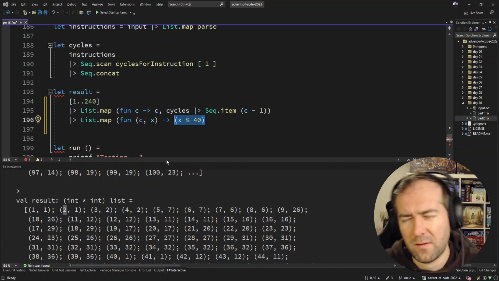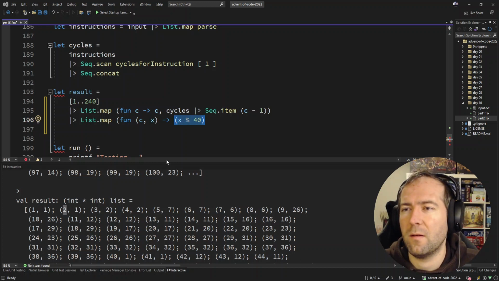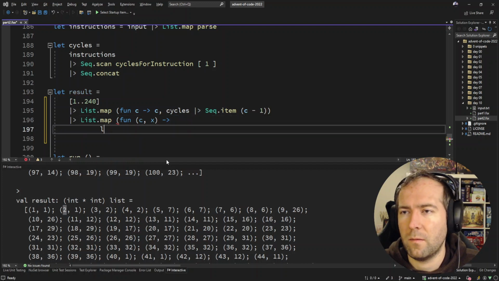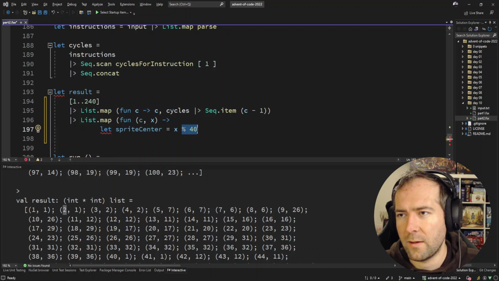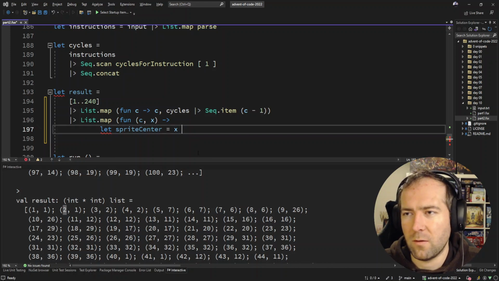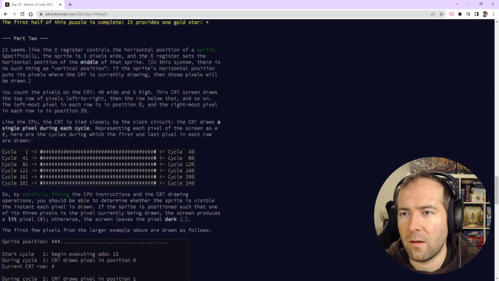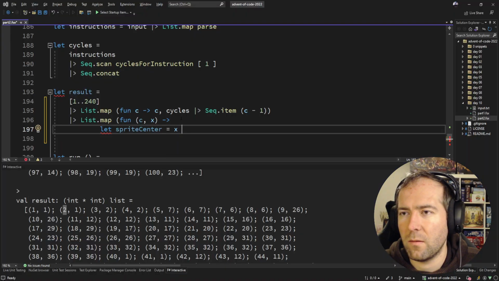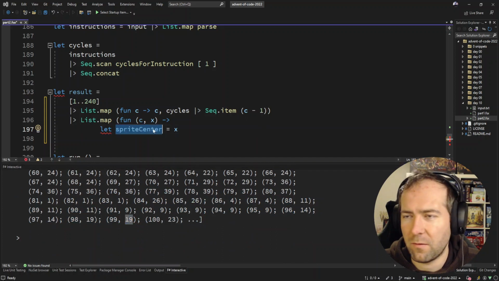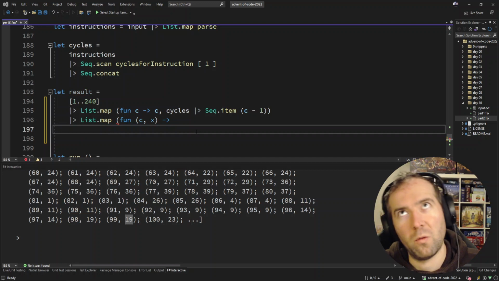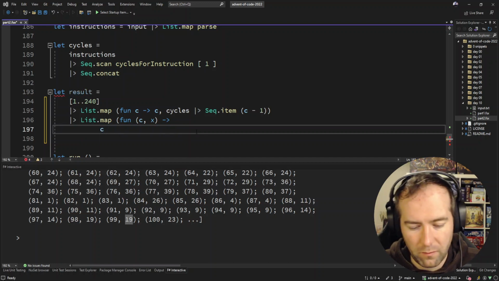Something like that. So that's x modulo 40. No, x is always... Why am I moduloing? X is always something small, right? Yeah, that's always something like 19 or 23. Forget everything I said about modulo. Not needed. What do we need? We need to know whether the cycle modulo 40.